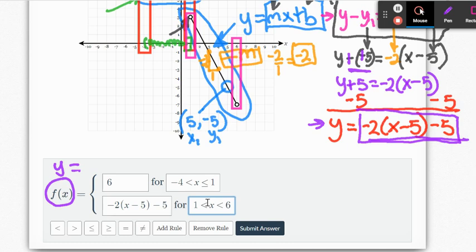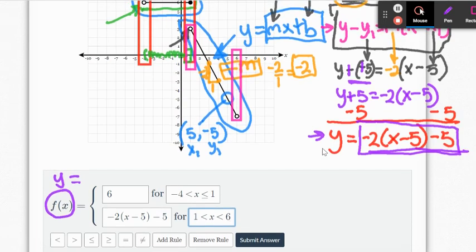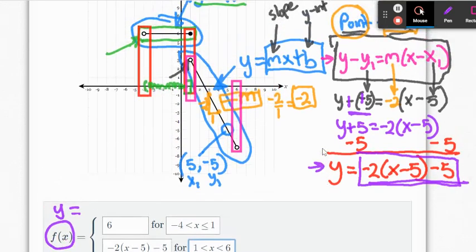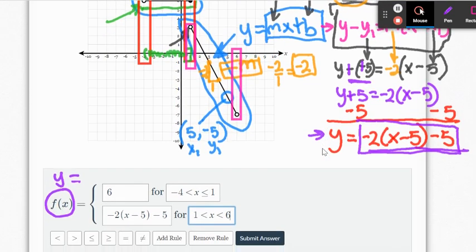So it's using that rule from 1 to 6, not including the end values. So that is my function notation way of writing this constant function and linear function in the same piecewise expression.